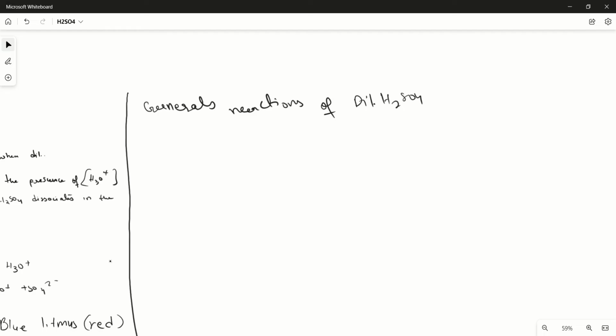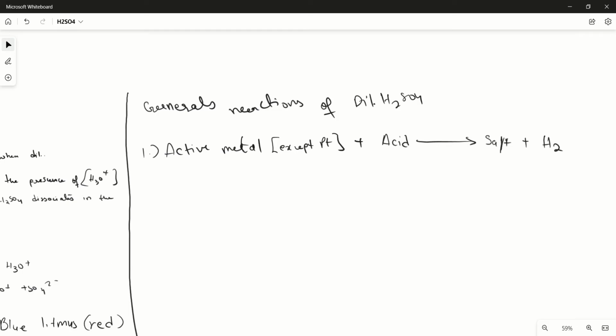So when an active metal in the activity series, except platinum, plus the dilute acid, turns to salt plus hydrogen. So active metal plus acid gives salt plus hydrogen.